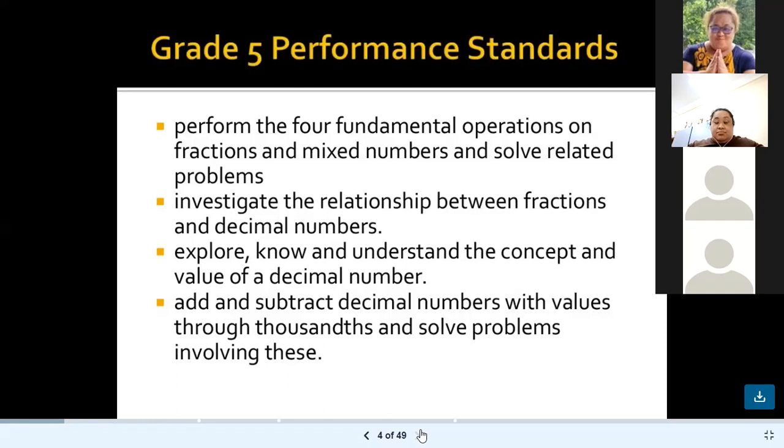Perform the four fundamental operations on fractions and mixed numbers and solve related problems.